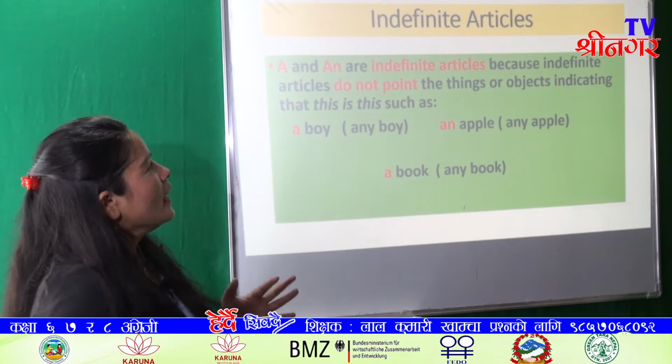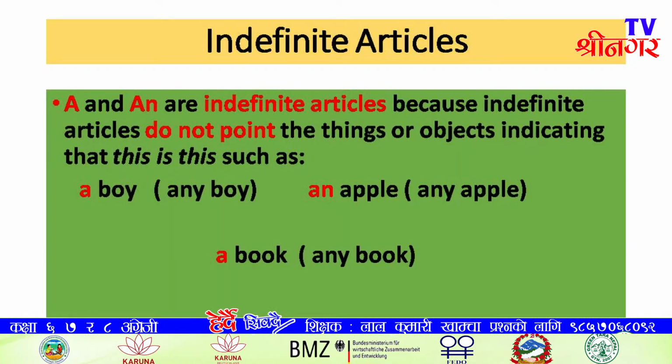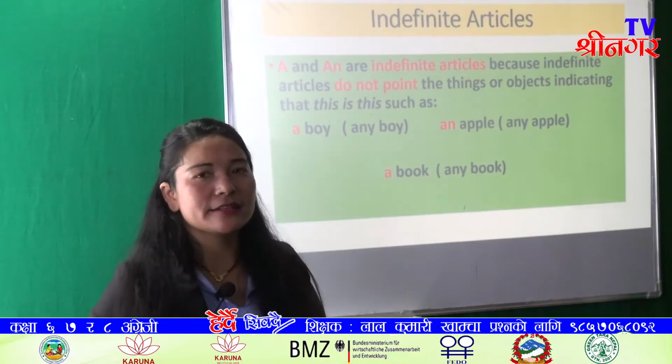It means a and an don't point to the things or objects indicating that this is and this. They don't show the specific object. So a and an are indefinite articles.